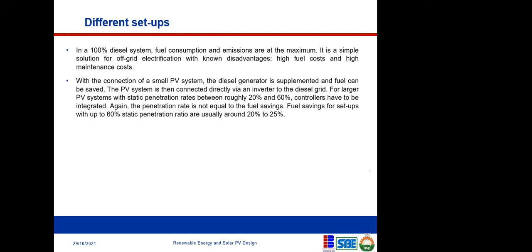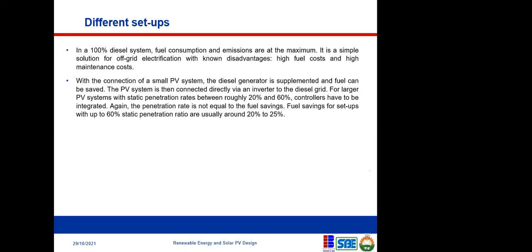Okay. So with the connection of a small PV system, the diesel generator is supplemented and fuel can be saved. The PV system is then connected directly via an inverter to the diesel grid. That is the grid that connects the diesel generator and the solar PV system.